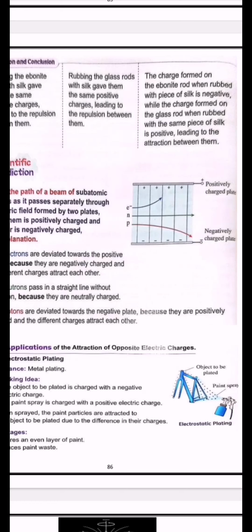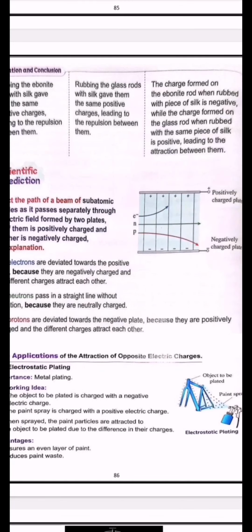So the electrons, which have a negative charge, will go where? Deviated to the positively charged plate. But protons, which have a positive charge, will deviate to the negatively charged plate. We said different charges attract each other. But neutrons will pass without any deviation because they are neutral, and don't go to positive or negative.